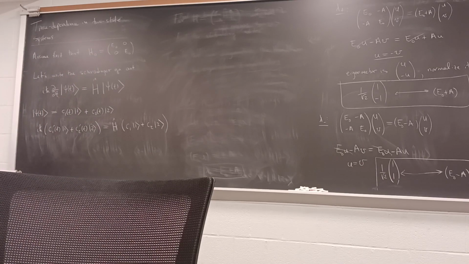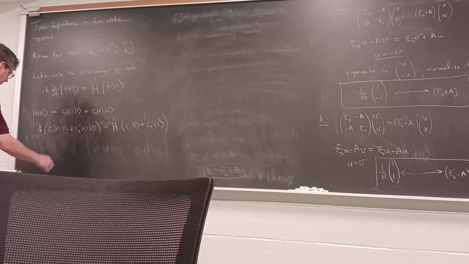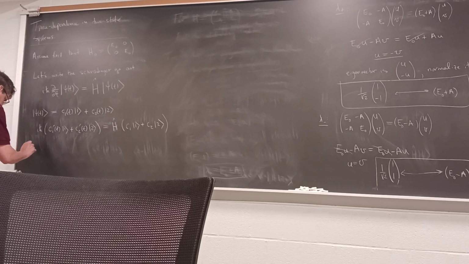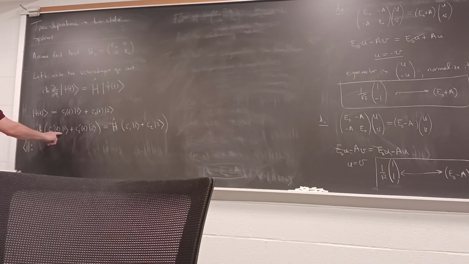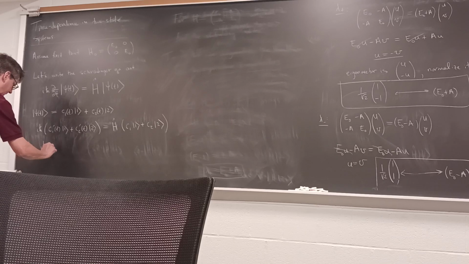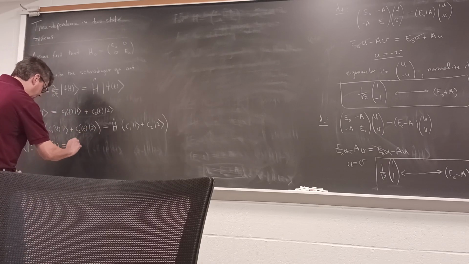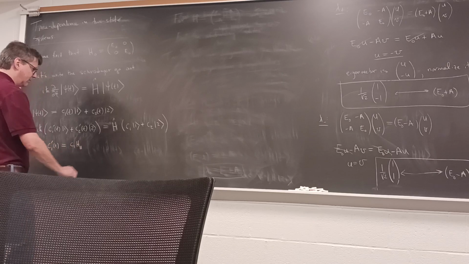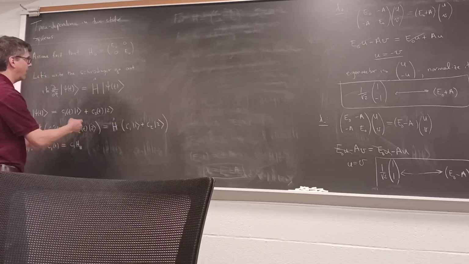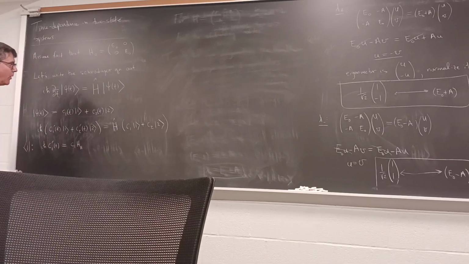Okay? Now let's take this equation and dot through from the left with 1. I'll get this term here. This 1 is going to hit this 2 and give me a 0, so I'll have iħ C1 prime of t is equal to, on the right, C1 and then H11, because I'm squeezing H between the two states 1, 1.